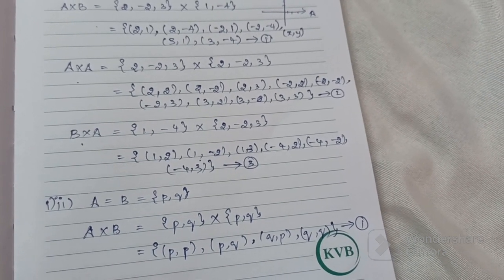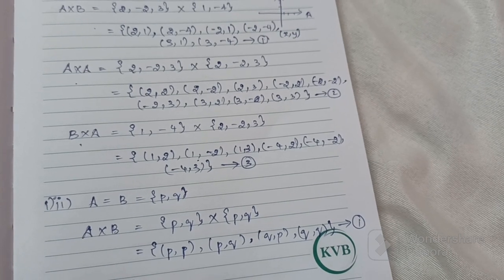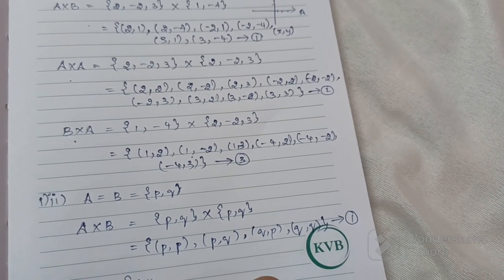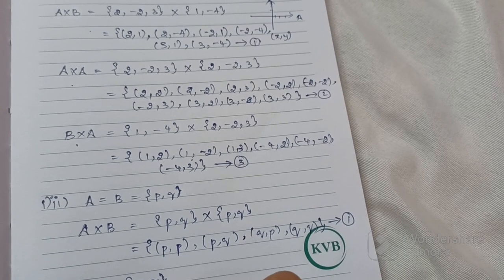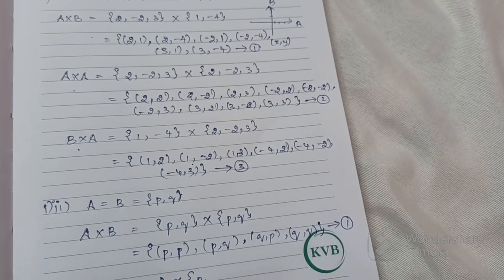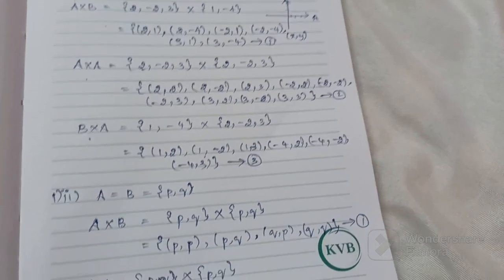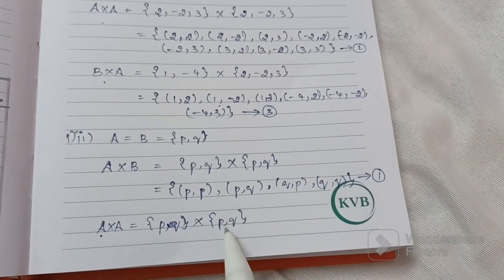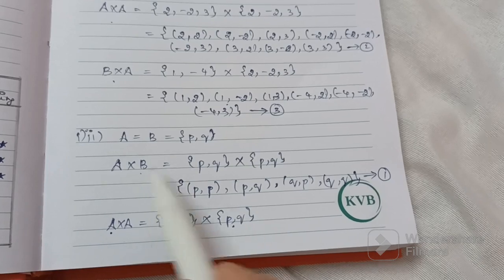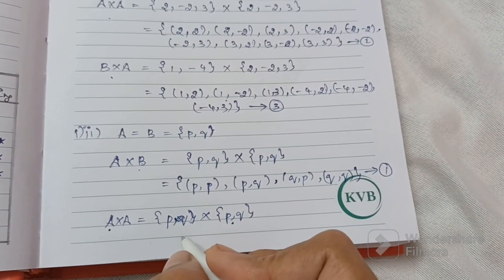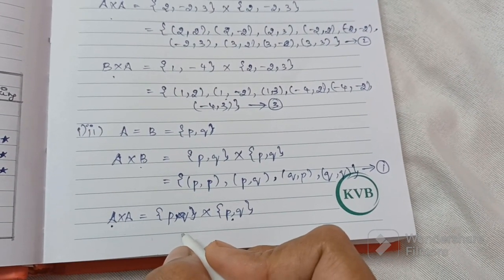And the second one is A cross A. Here A is {P, Q} and again A is {P, Q}. This result would be the same as the first one.